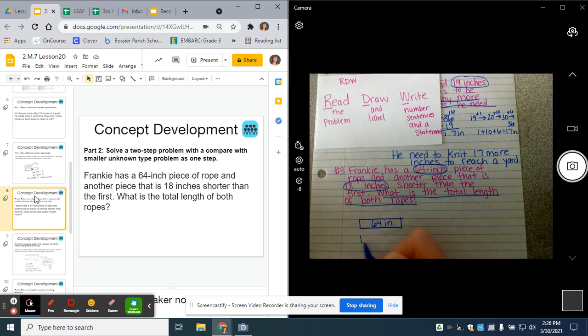Shorter means it's not going to be as long as 64. So right here, this is 18 inches shorter. So the part we're trying to figure out is how much shorter is the rope.